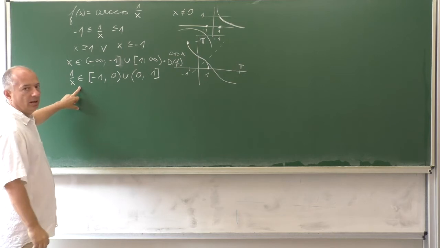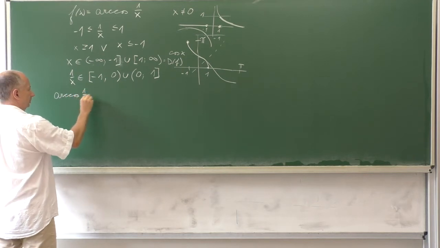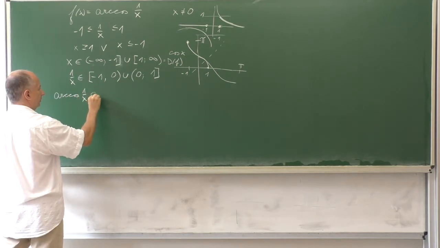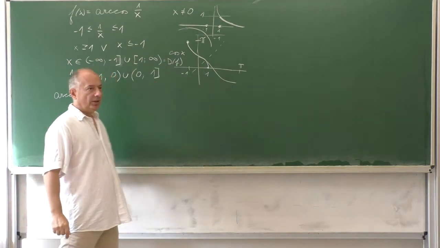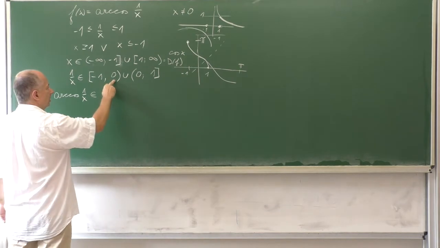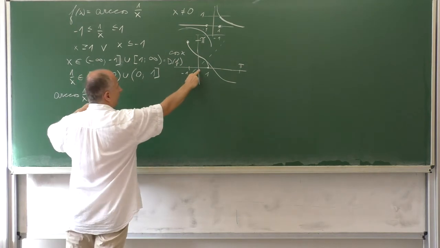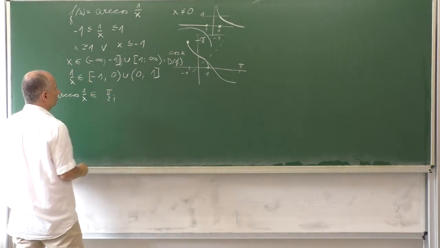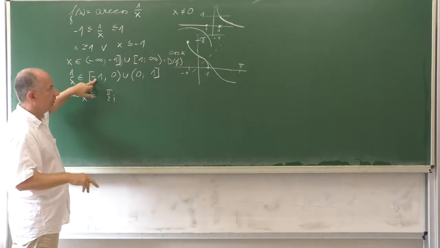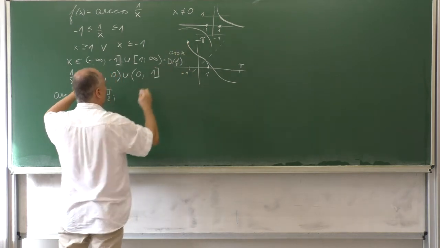And if we apply arc cosine to all these values, then arc cosine is again decreasing, so the maximum input results in the minimum output, and arc cosine of 0 is pi half, and the minimum input results in the maximum output, and arc cosine of -1 is pi.